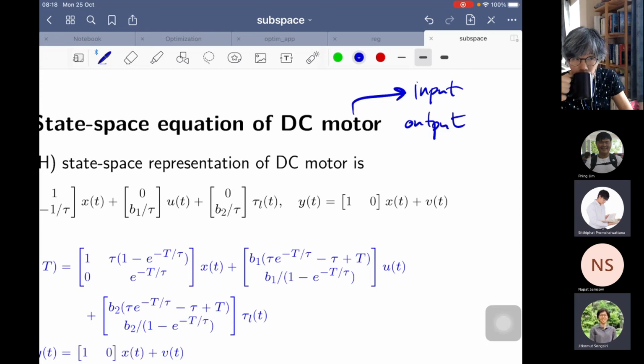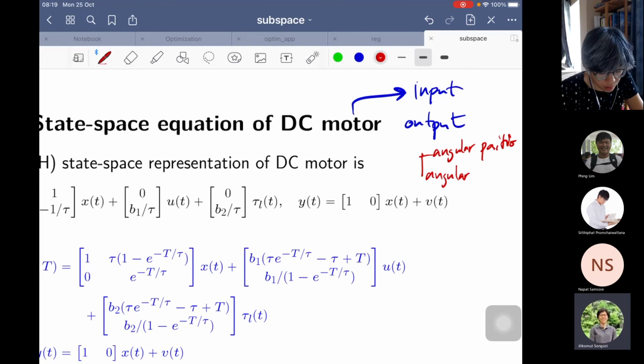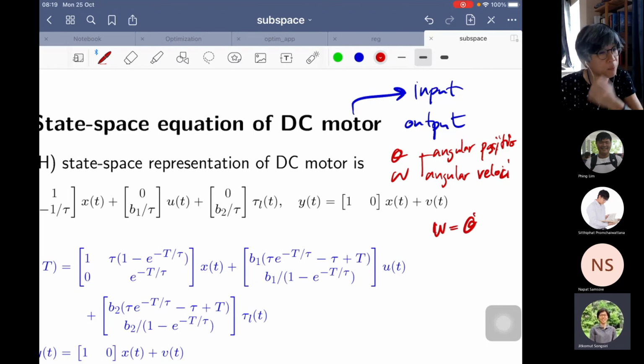The output is the angular position and angular velocity. It can be either one of them, or both of them. It's up to you. I call them theta and omega, and the relation of these two is that omega is theta dot, the derivative. Ping, what is the input of this system?